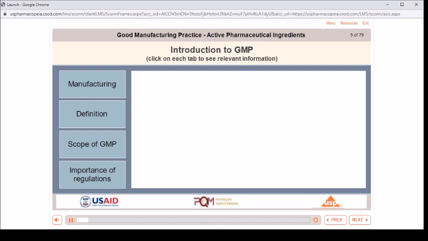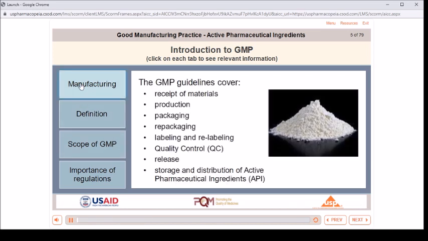Introduction to GMP. Manufacturing. The GMP guidelines cover receipt of materials, production, packaging, repackaging, labeling and relabeling, quality control, QC, release, and storage and distribution of active pharmaceutical ingredients, API.